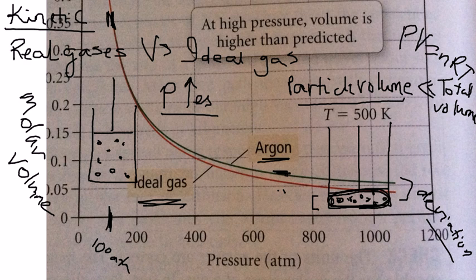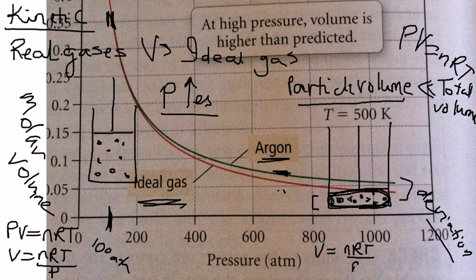So one can anticipate that the ideal gas law, which is PV equals nRT, gives volume equal to nRT divided by P. But in this case, if we have to perform the correction for the real gas, we would have to say that volume is not just nRT divided by the pressure.